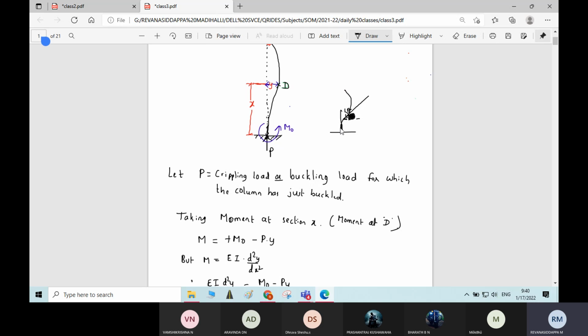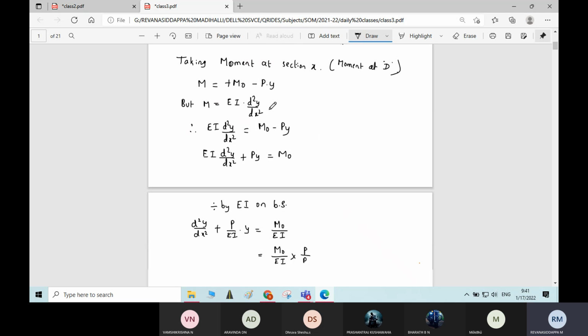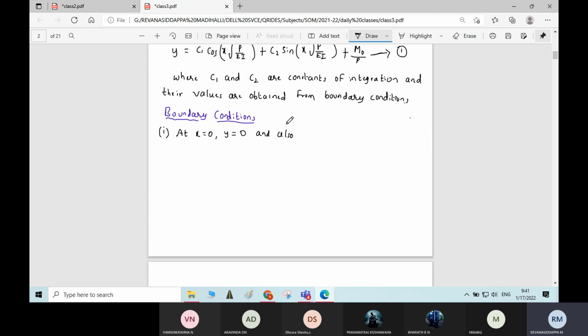There is no angle. Slope is also 0. Remember, always for a fixed support, y will be equal to 0 and the slope dy by dx will also be equal to 0. Both terms will be 0 only. Understood, students? So one more condition we get is dy by dx equal to 0. The slope is also equal to 0.